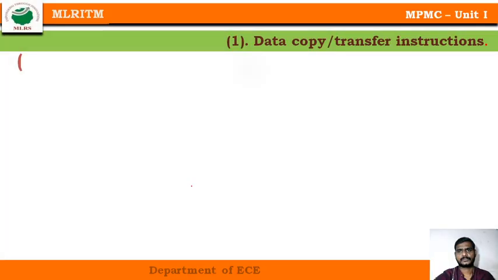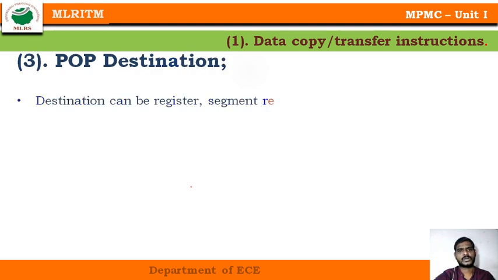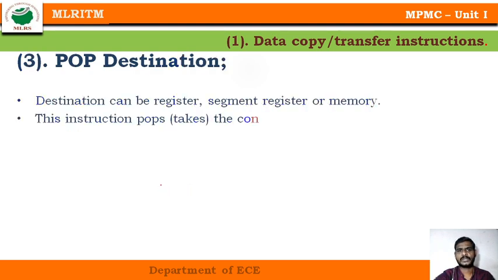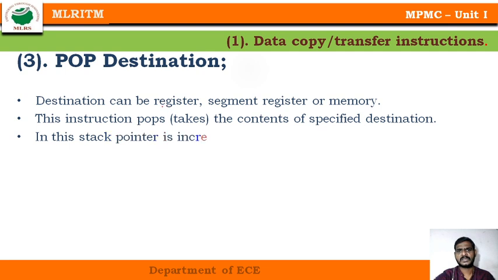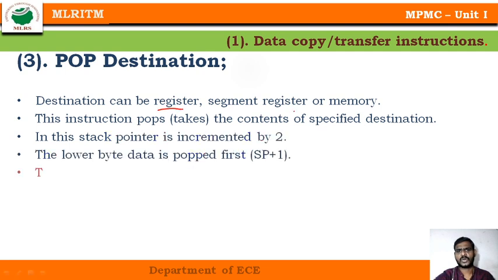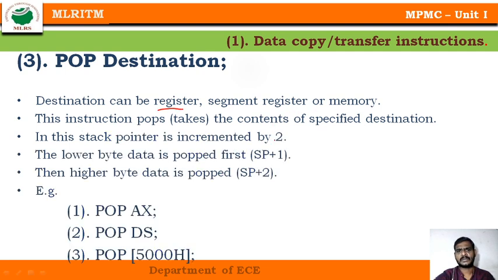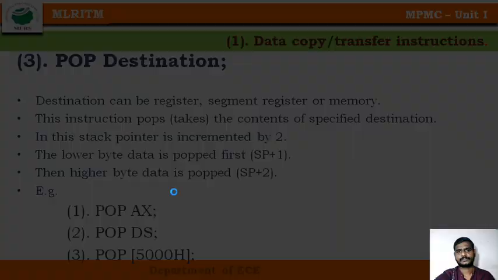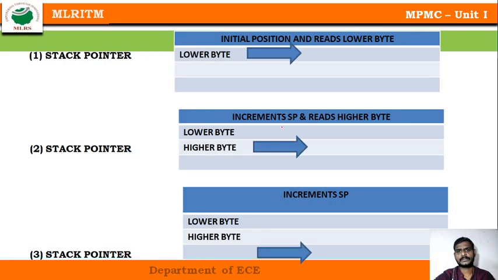Then one more instruction is called the POP instruction. Here the destination can be a register or memory, in the same manner. The stack pointer is incremented by 2 for 16-bit data, and by 1 for 8-bit data. Here a register, the data segment, and memory are used. Again, the lower byte is popped, and it is a stack operation.